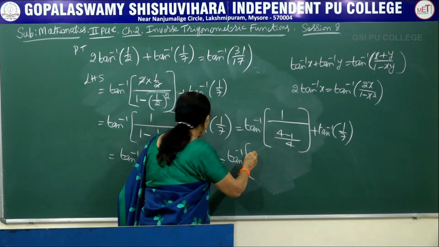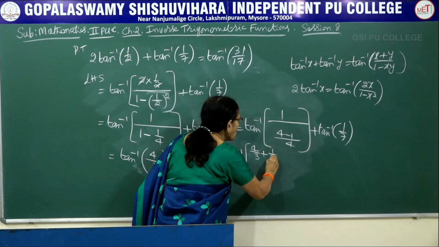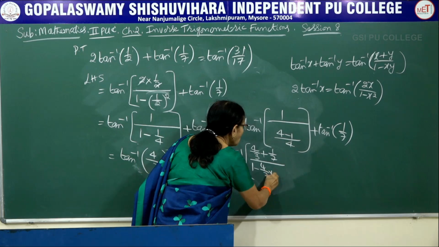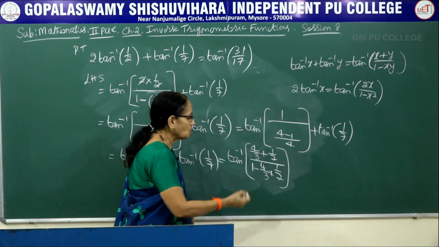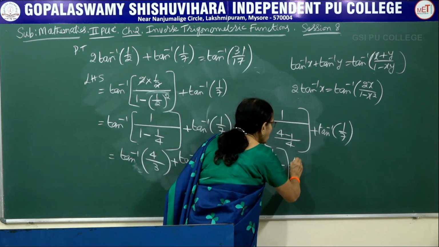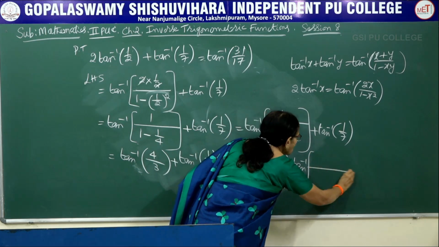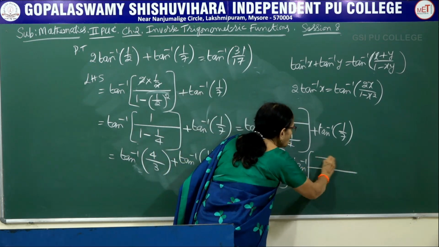Tan inverse of x plus y: 4 by 3 plus 1 by 7 divided by 1 minus 4 by 3 into 1 by 7. So the same type of arithmetical calculation I am doing. Tan inverse of the LCM 3 into 7, that is 21.